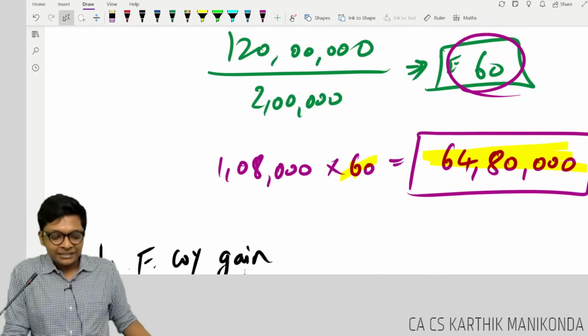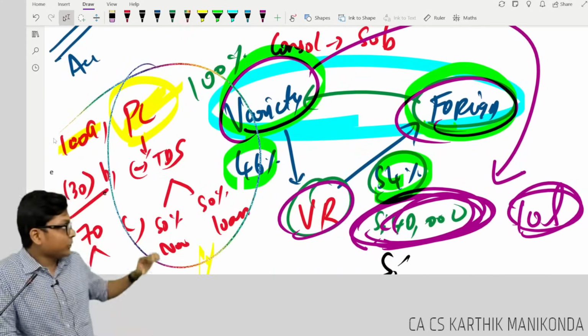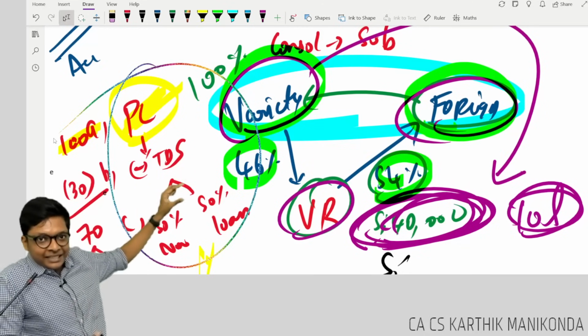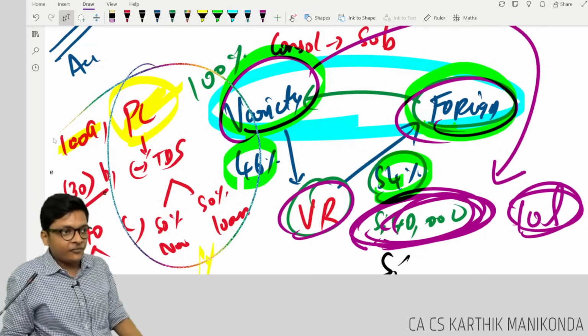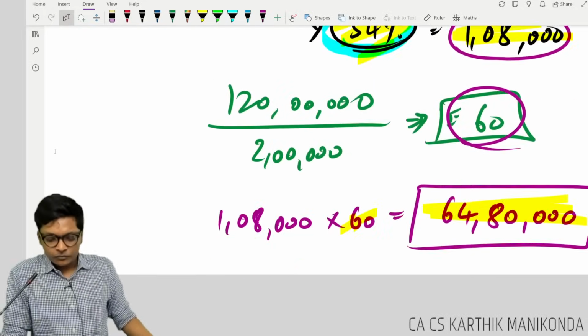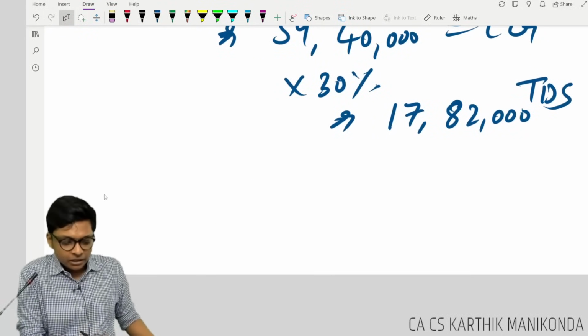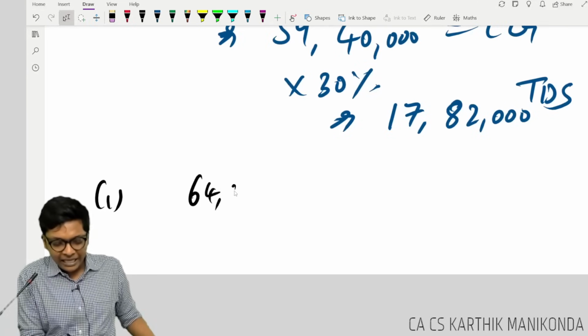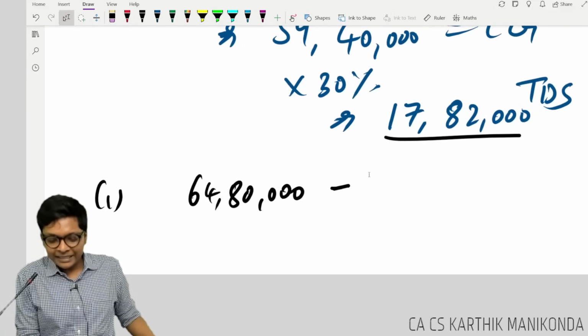Now what I discussed in the start of the sum, look at this. Come back here. If you remember the start of the sum, first I will find the PC, then reduce TDS and then split half. So what is the PC, guys? 64 lakh 80,000. Come to step number C. Step number C, 64 lakh 80,000 minus TDS.